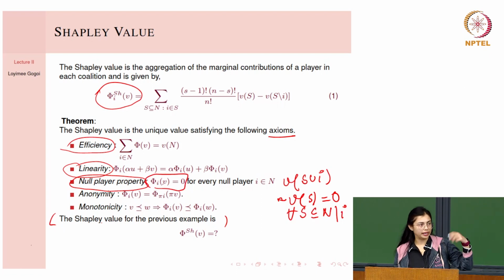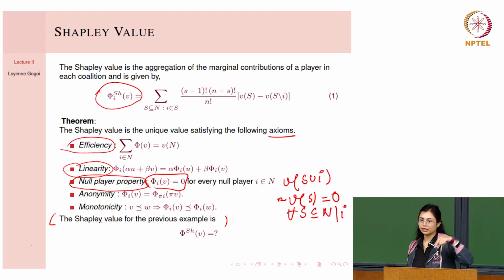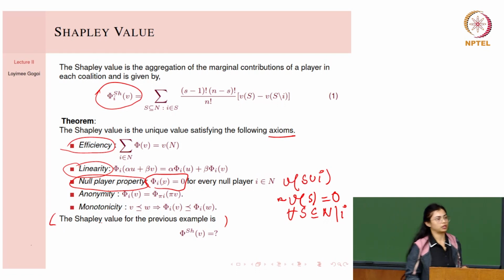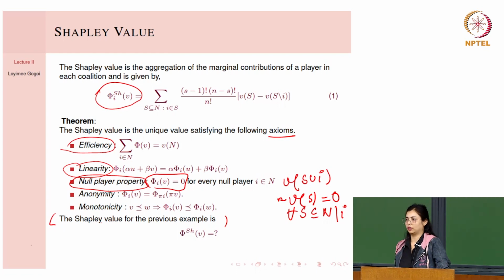So some particular player is there in that game, he is participating, but his worth is almost zero. Whether he is in that coalition or not, it doesn't matter. So his contribution is totally zero, so Shapley gives him zero payoff.